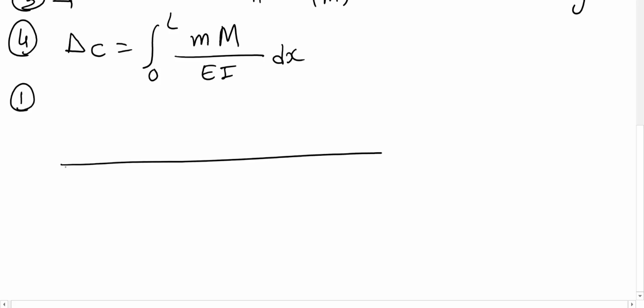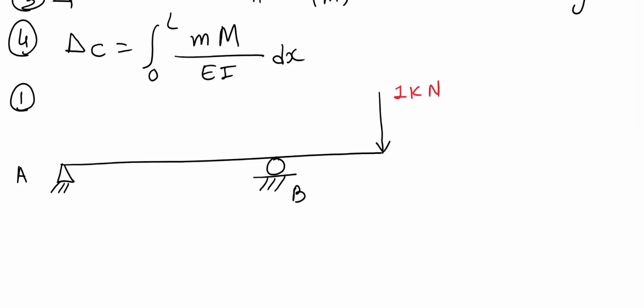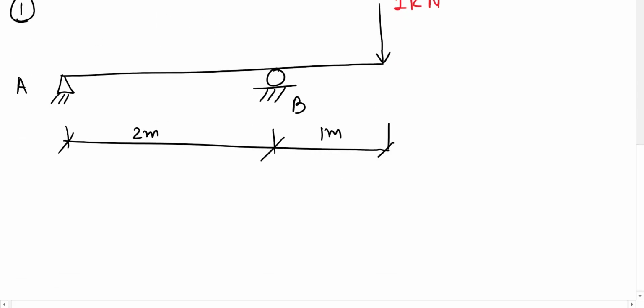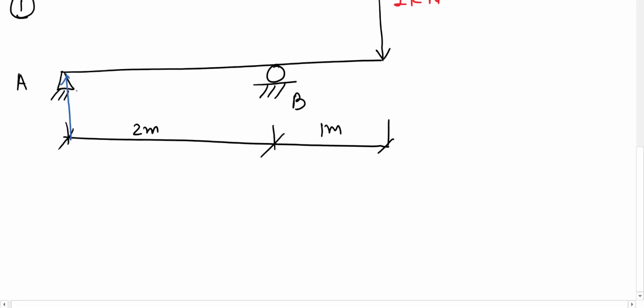Step number 1, we draw the beam exactly the same, A, B, and we apply this 1 kilonewton virtual load. This distance I did not explain, but in the example it's given as 2 meters and 1 meter. First of all, we need to find the reaction forces AY and BY. There is no horizontal reaction force because there is no horizontal external load.